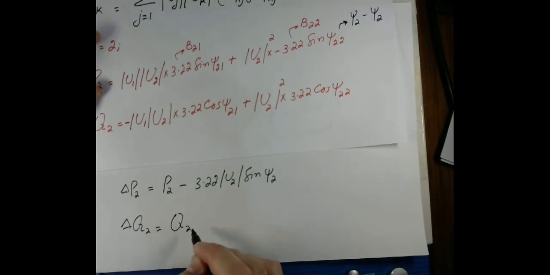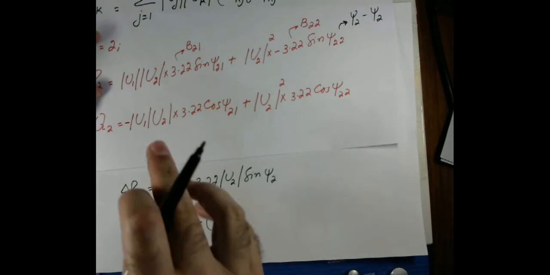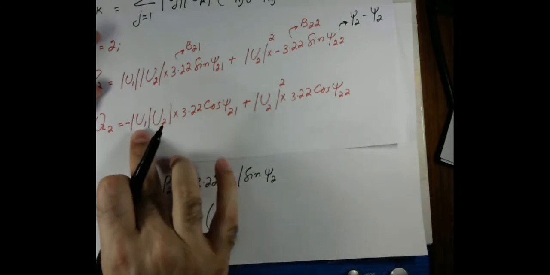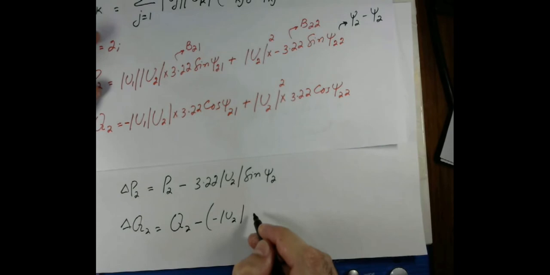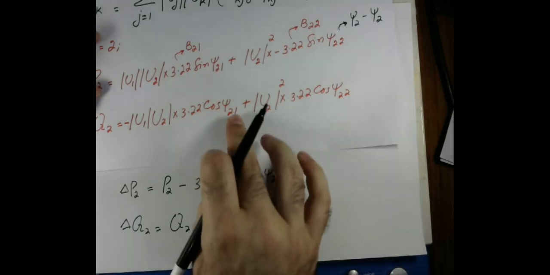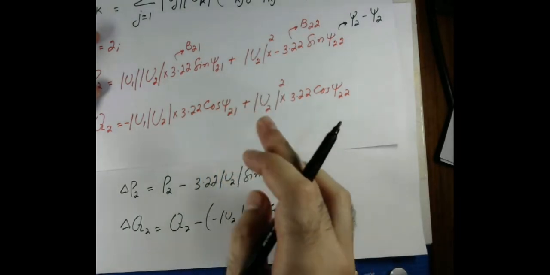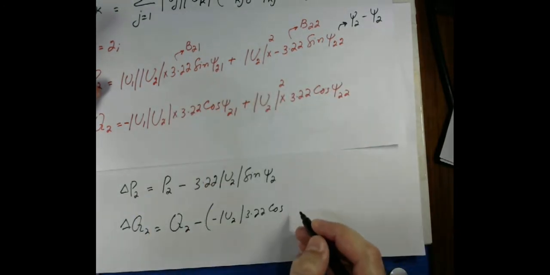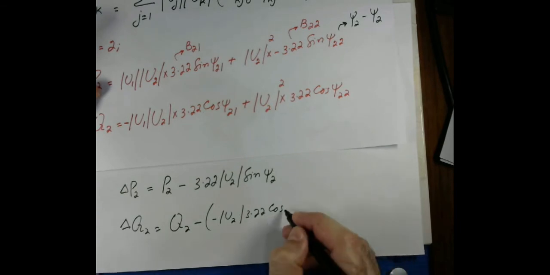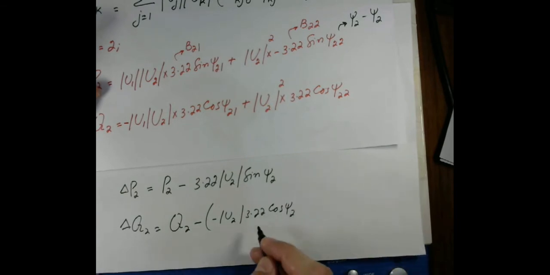Q2 minus this term where U1 is 1, so that will become minus U2 into 3.22 cos of psi 2 minus psi 1, and psi 1 is 0, so this will become cos of only psi 2. Clear?